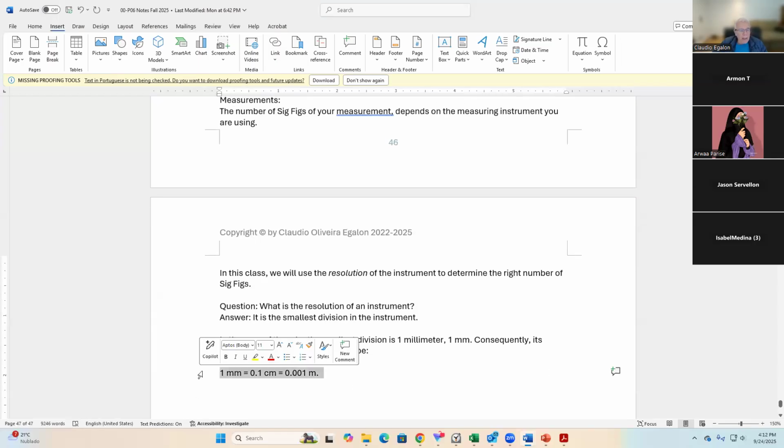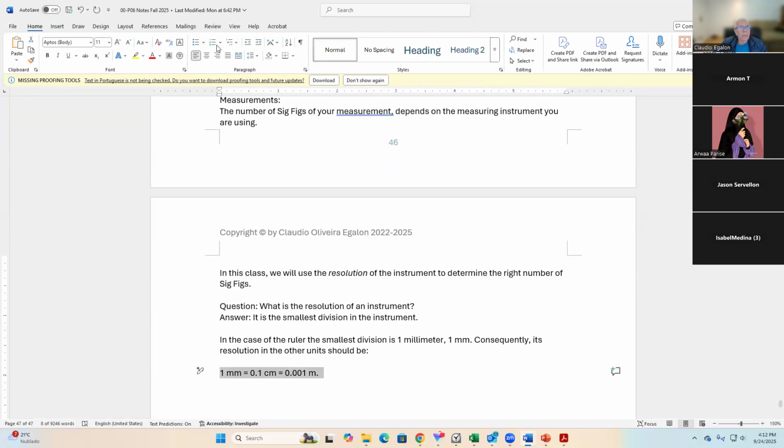So now we are going to apply this rule here that you see to display the proper number of significant figures in your measurements, okay? So what does it mean?